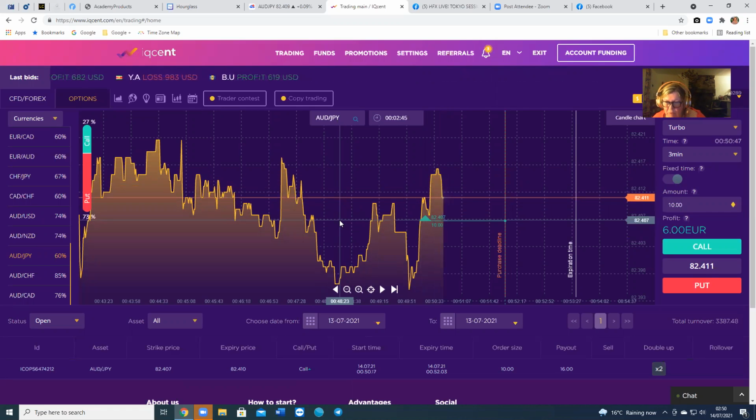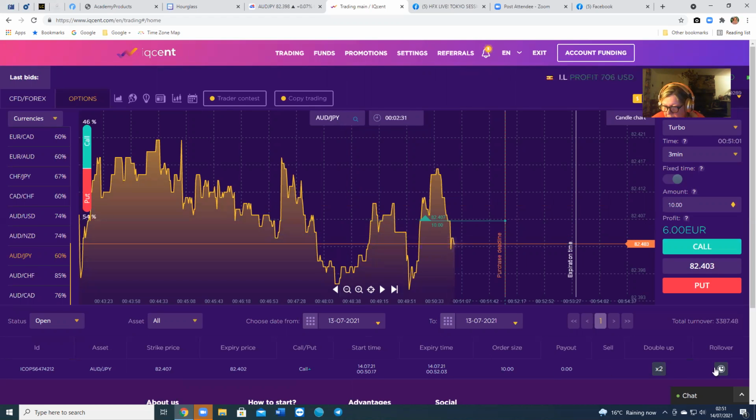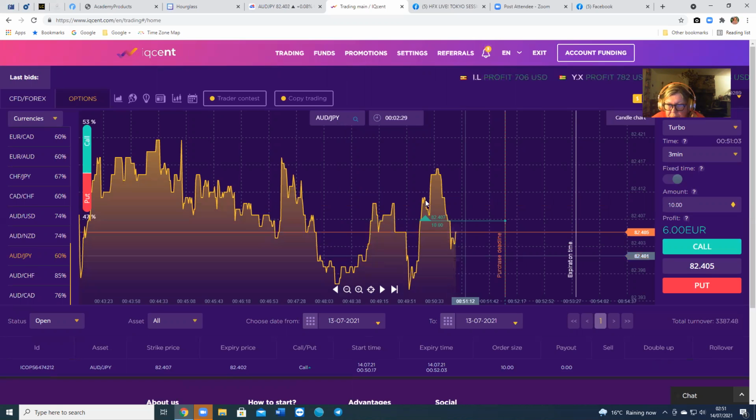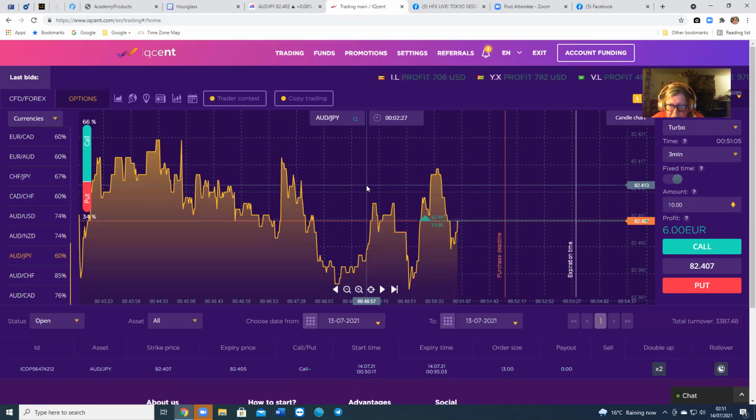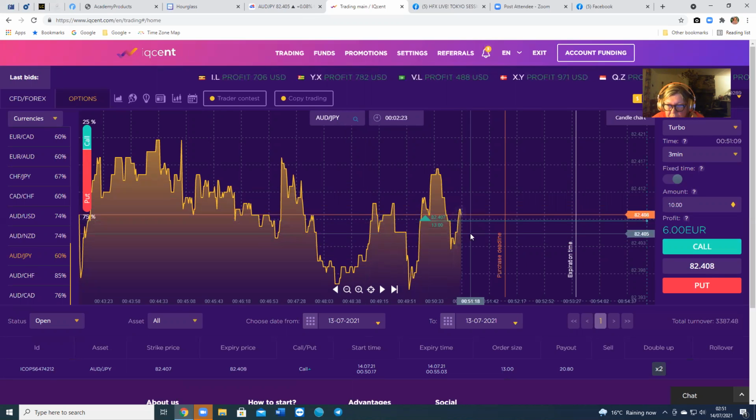So we've got 2 minutes, 1 minute in this trade. Oh, look at that spiky thing. So I've rolled over for the full 5 minutes. Didn't need to, of course, it's just popped back up.